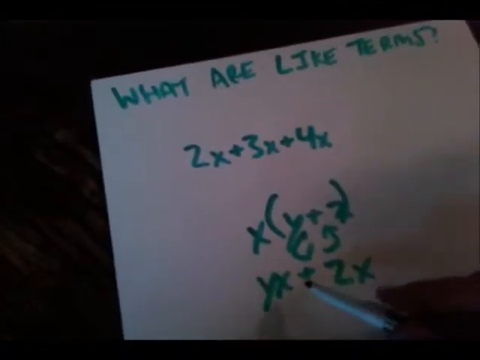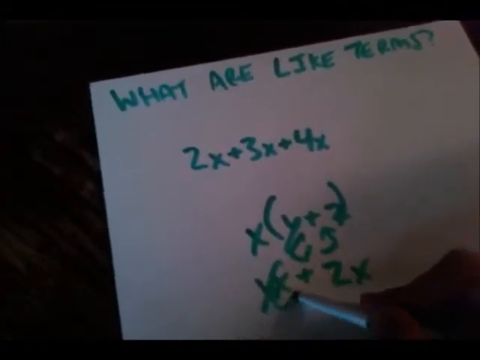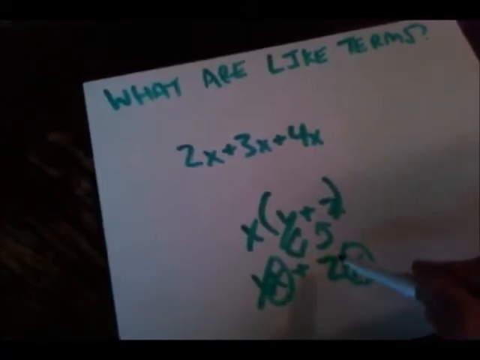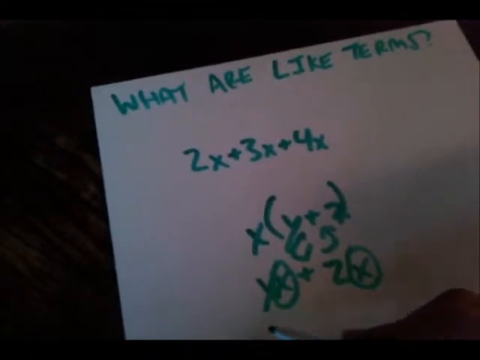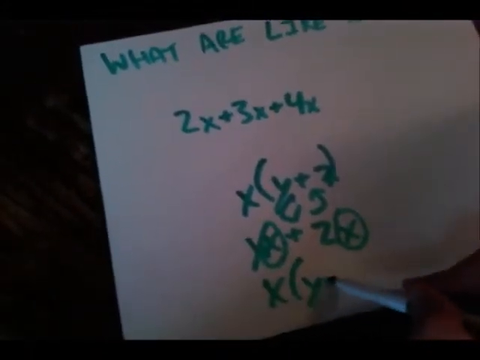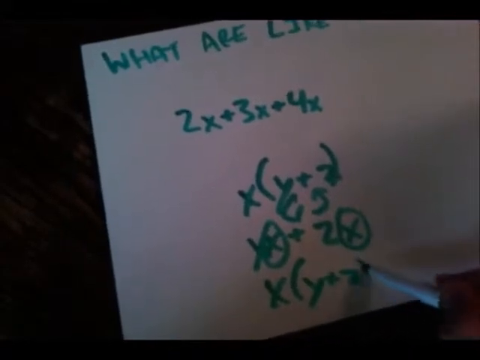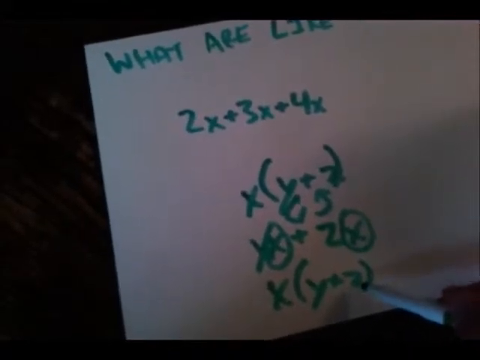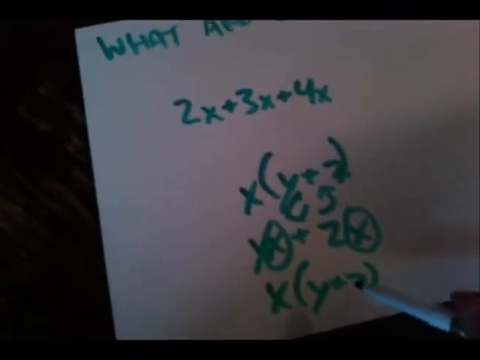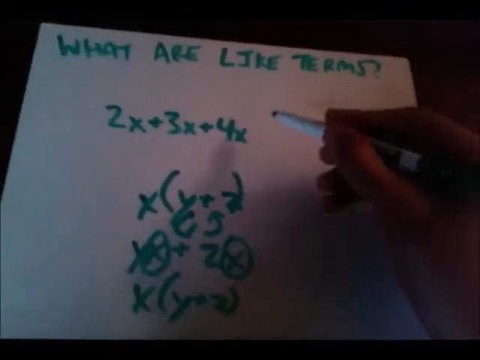So we look at the like terms, which have the same variable in there, and we just stick it outside of the parentheses, and put the coefficients back in. And so now let's apply that to here.